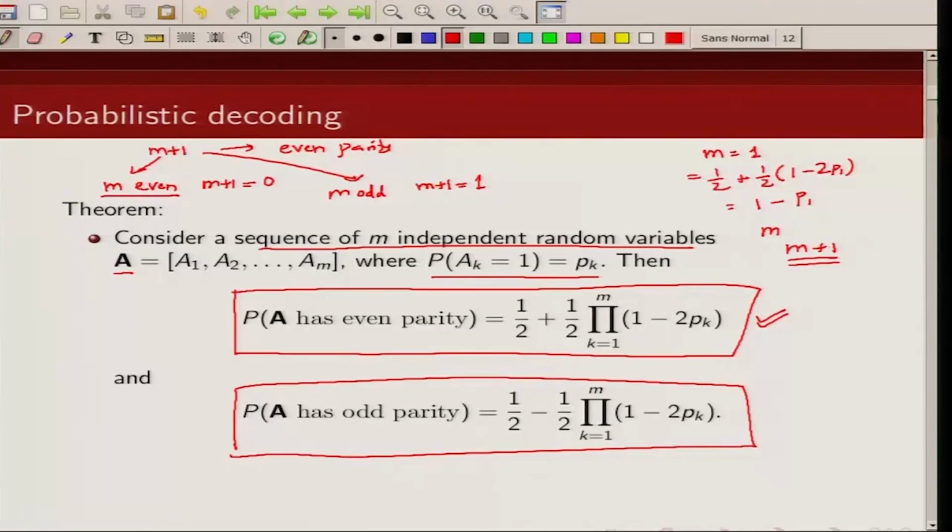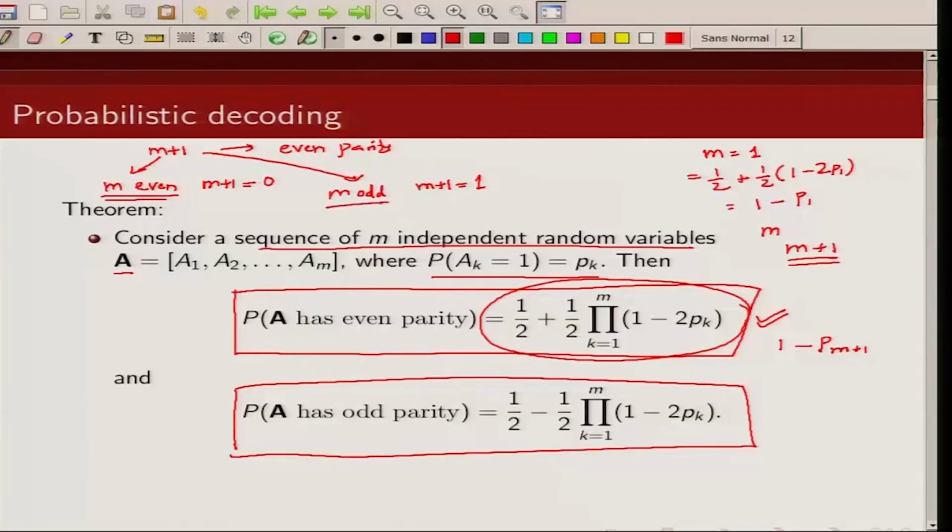What is the probability of the first m being even? That is given by this. What is the probability that the (m plus 1)th is 0? That is given by 1 minus p(m plus 1).